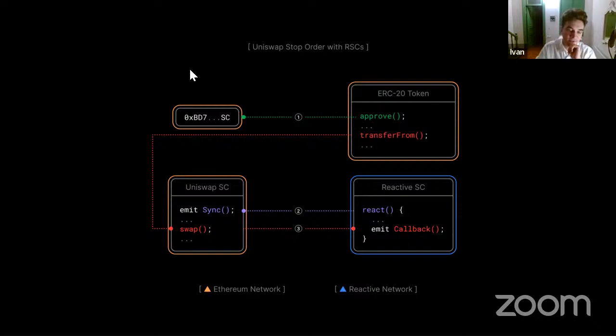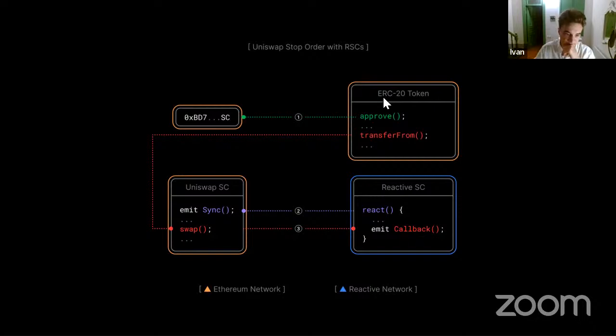We can see your address on the top left, and it only signs one transaction, the first one, which is an approve transaction, and you approve some funds for the callback smart contracts to spend.